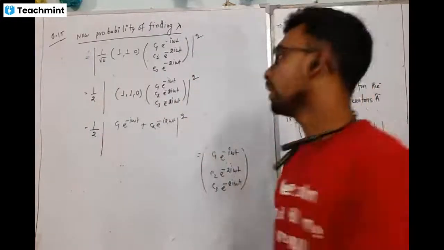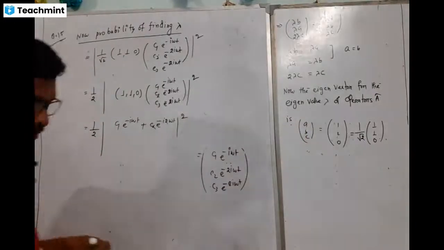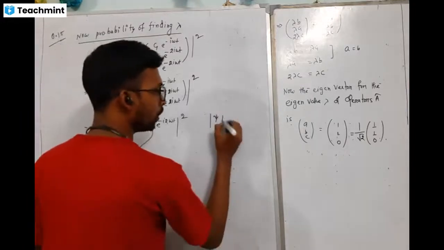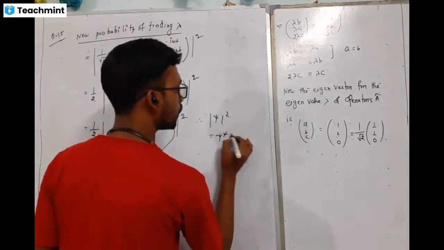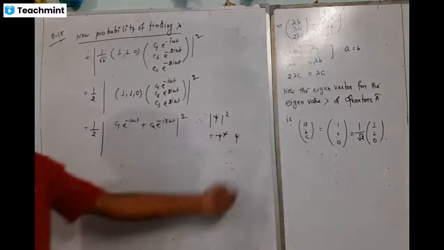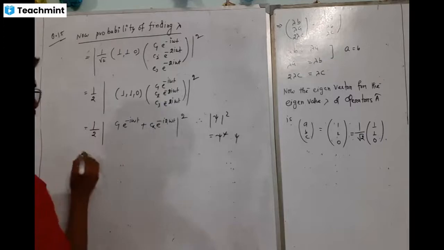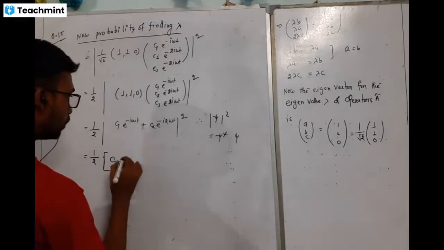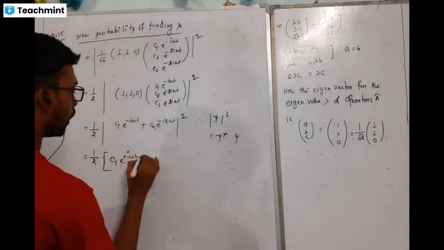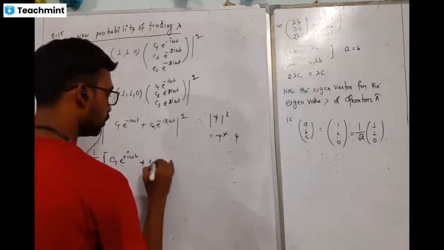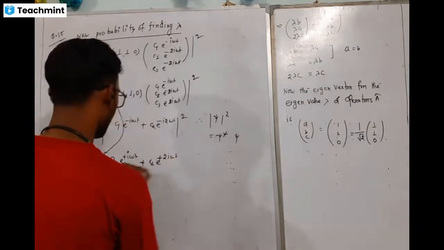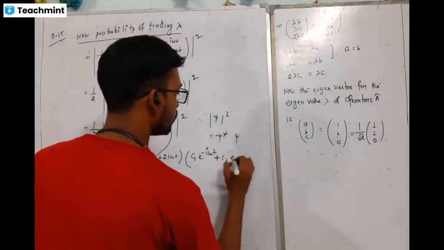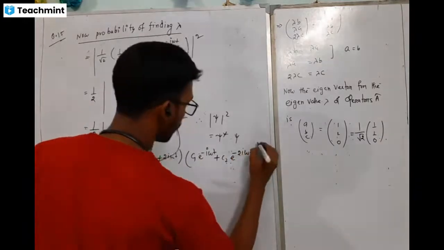As you know, psi mod square means psi star psi, so it can be expressed as the conjugate, C1 e to the power plus i omega t plus C2 e to the power plus 2i omega t, multiplied with C1 e to the power minus i omega t plus C2 e to the power minus 2i omega t.